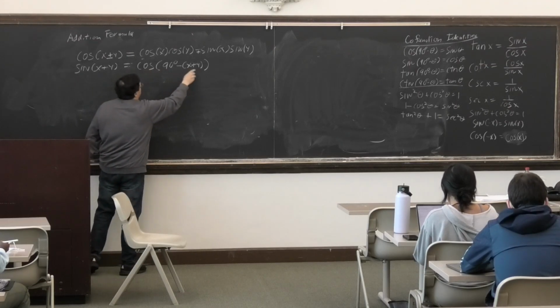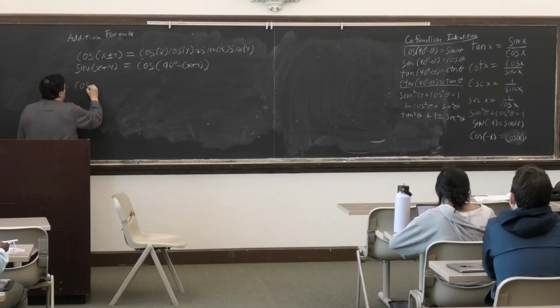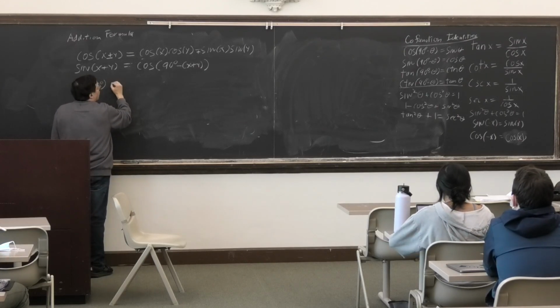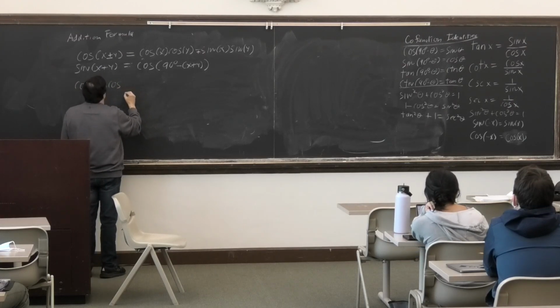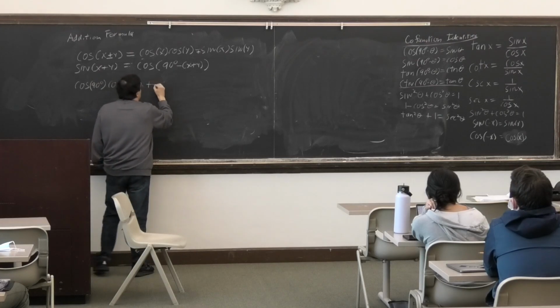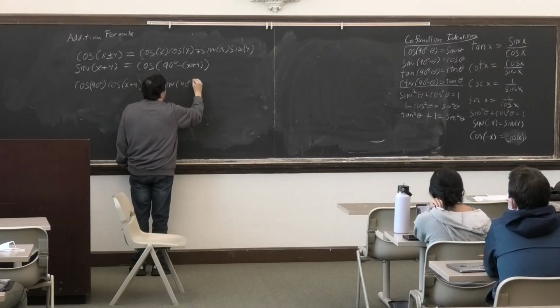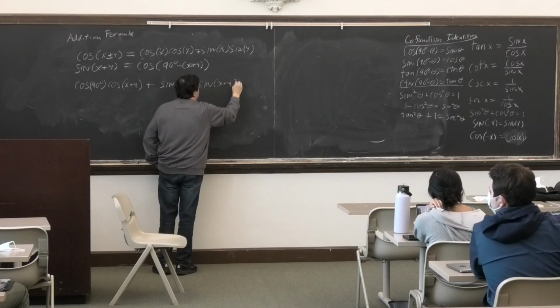We already know what this is, right? That's going to be cosine of 90 degrees, cosine of x plus y, plus sine of 90 degrees, sine of x plus y.